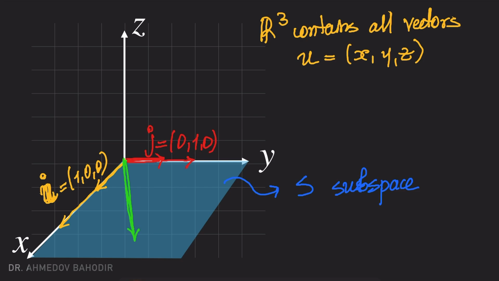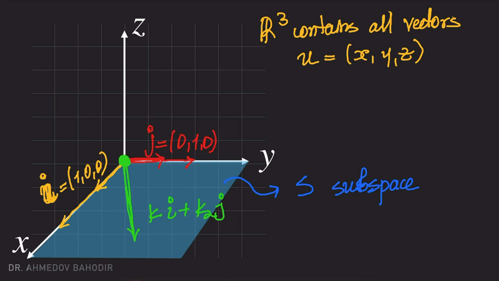So this green vector is going to be some constant k1 times the I plus another constant k2 times the j, which is obviously going to be from the subspace, right? And at the same time, the subspace contains the zero vector, right? So if you multiply one of the vectors I or j by zero, it is still going to be inside the subspace.